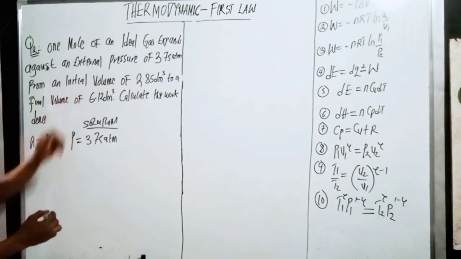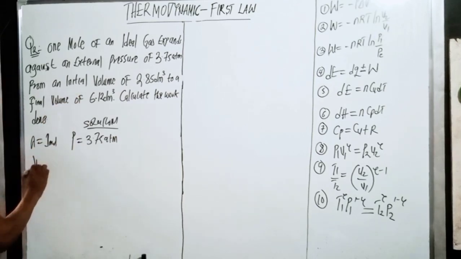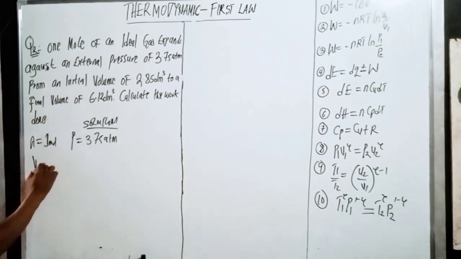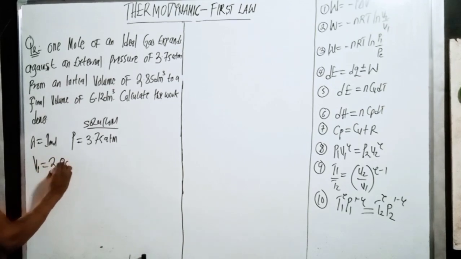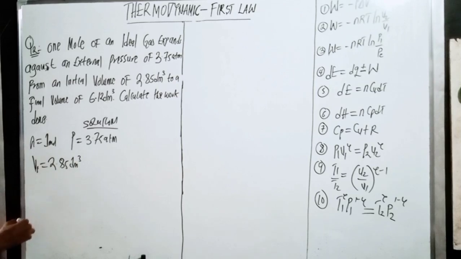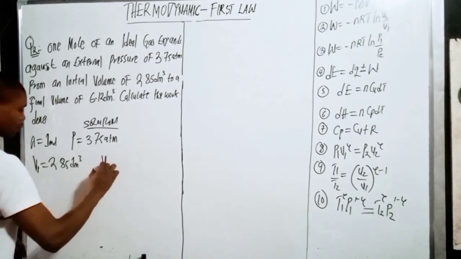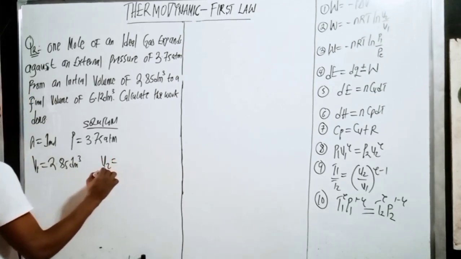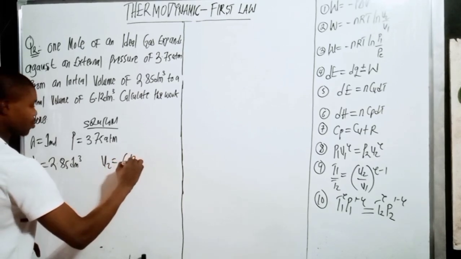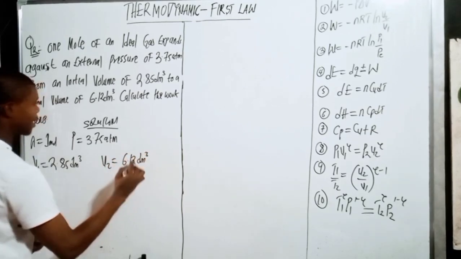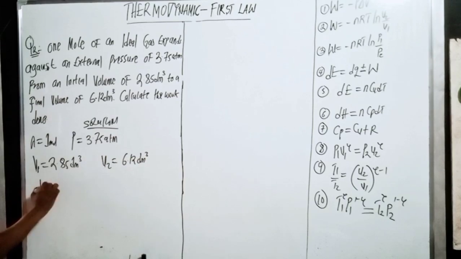From an initial volume, that is my V1. My V1 is 2.85 dm cube. We also say it as liter. Then final volume V2 is equal to 6.12 dm cube, right?